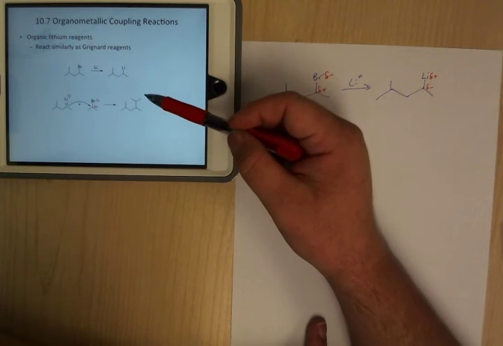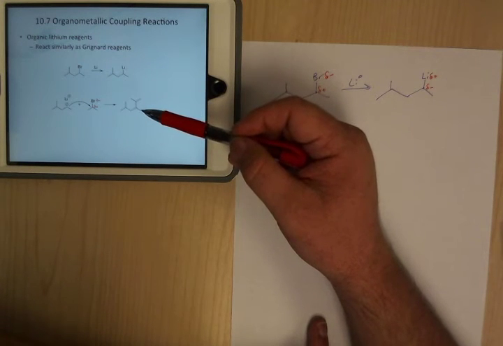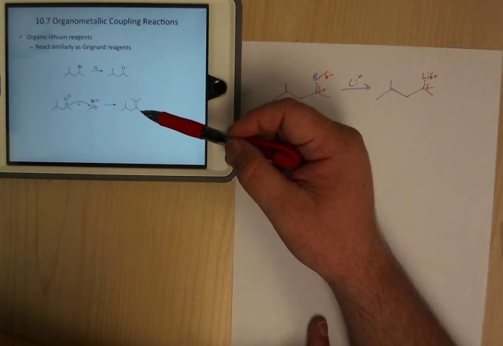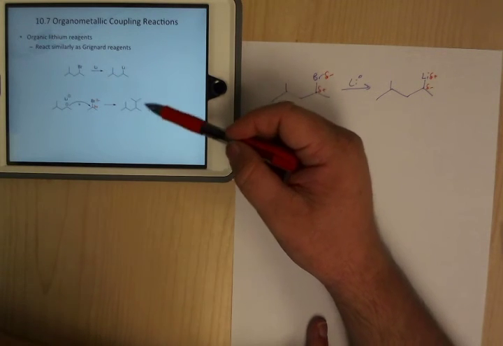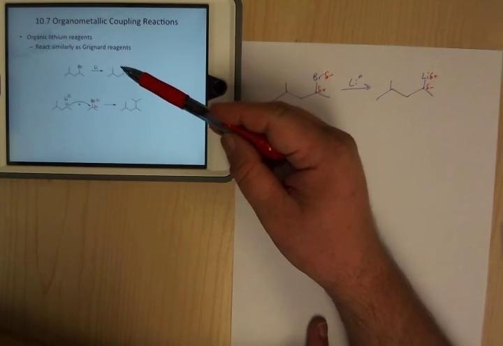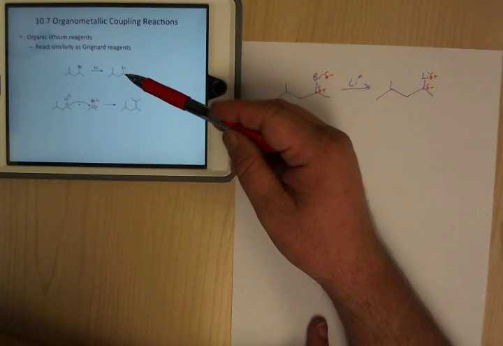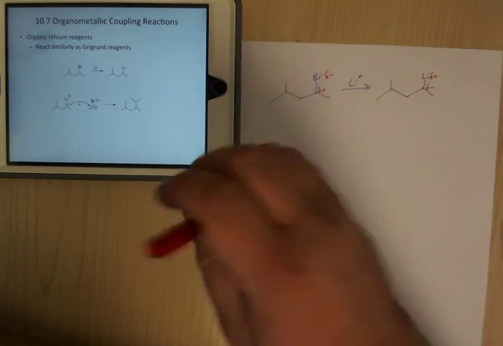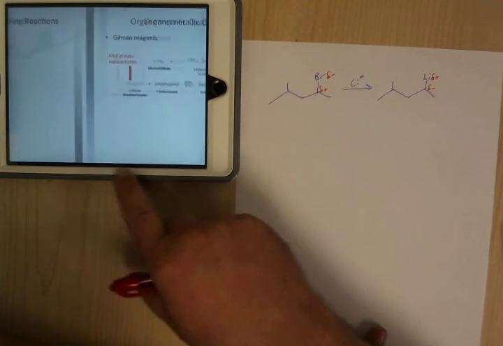Otherwise, it reacts the exact same way as a Grignard reagent. The problem is Grignard reagents are much more stable than the carbon-lithium compounds, the organolithiums.